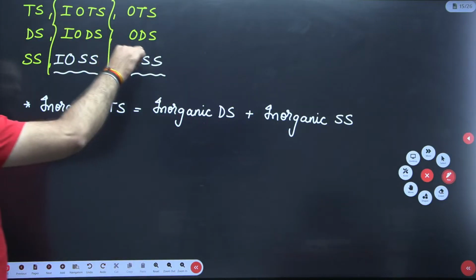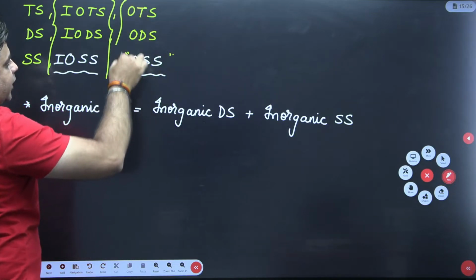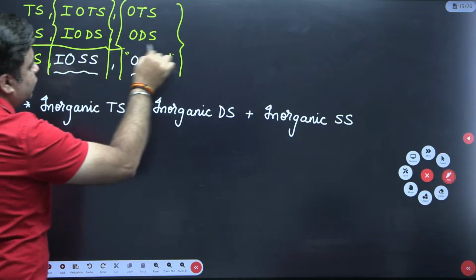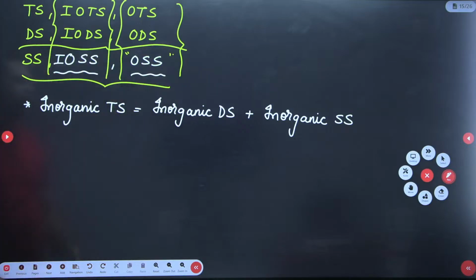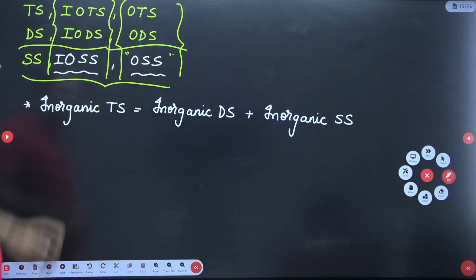Now for calculating the concentration of organic suspended solids, either you can use this column or even you can use this row. It is totally your choice. Either you go with the column equation or you go with this row equation, right? So both the equations I will write.